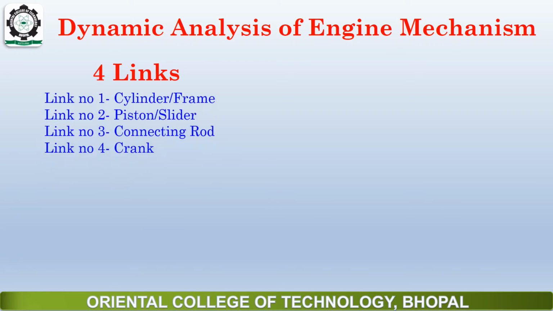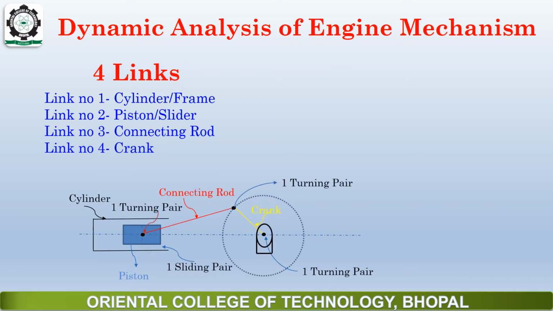So in the single slider crank chain we have four links. Link number one is known as cylinder, or we can say it's the frame. Link number two is piston, or in another name we can say slider. Link number three is connecting rod, and link number four is crank. This is the configuration of the single slider crank chain mechanism.